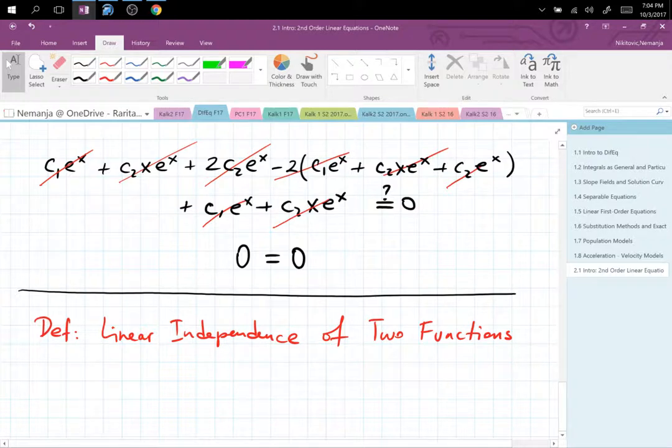Two functions defined on an open interval I are said to be linearly independent on I, provided that neither is a constant multiple of the other.